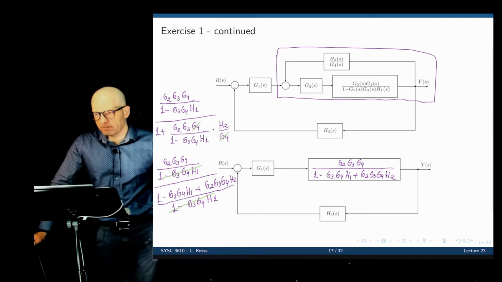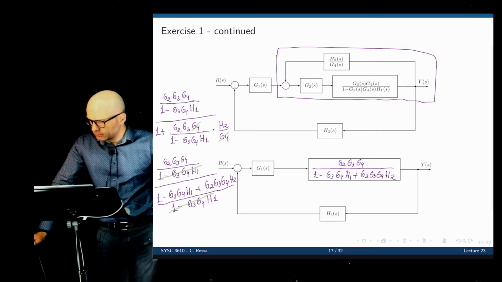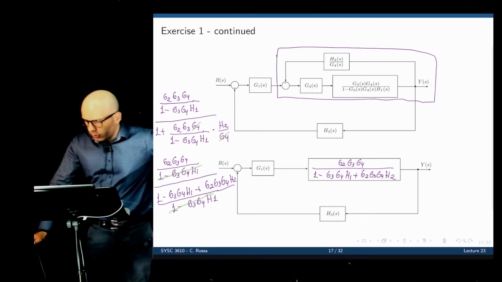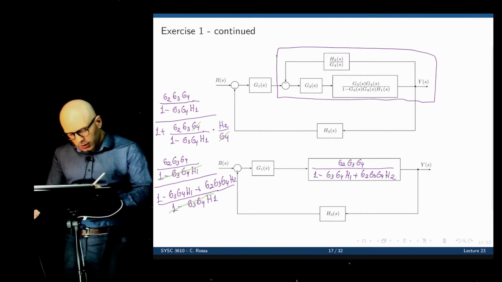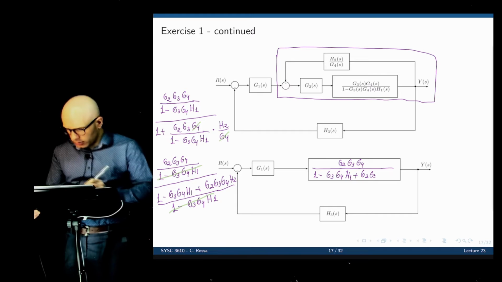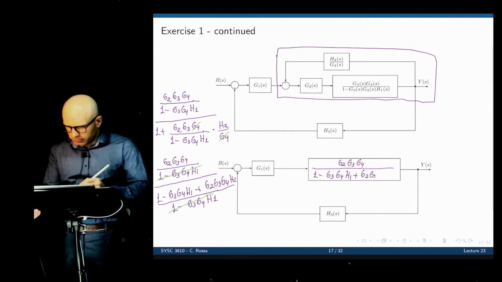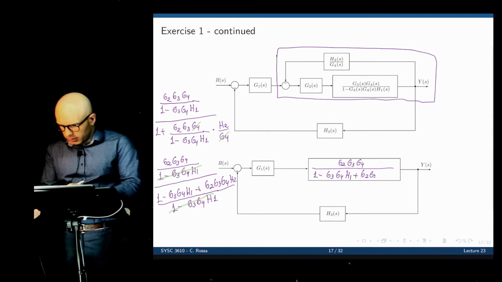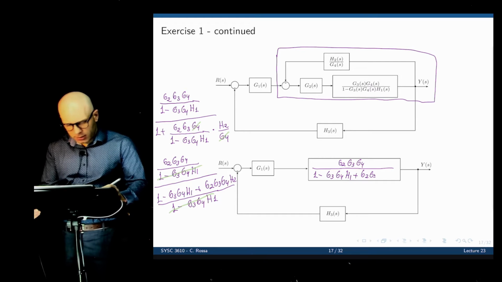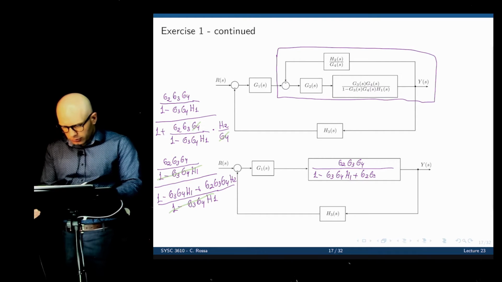Is there an extra G4 there? Because didn't we cancel out one of them? And the G2, G3, G4 cancels out with the H2 over G4? Yes, correct. Yes, thank you for catching that. This G4 has disappeared. So the other G4 remains, so G2, G3, H2.